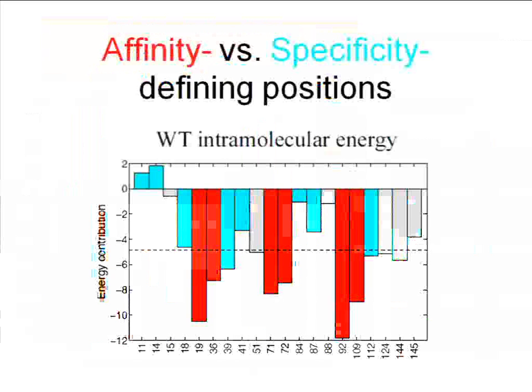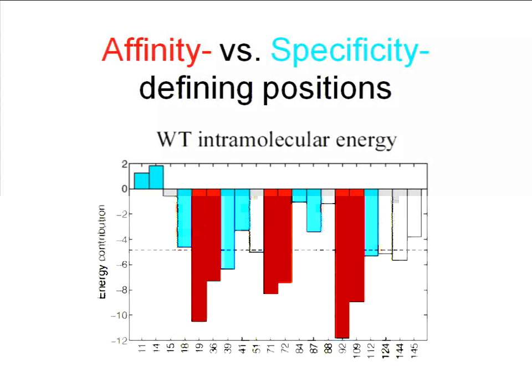One of the interesting things that we observed was that the affinity determining positions, which were categorized by high conservation between the different partners, actually have quite strong intramolecular energies. These are low energies in the wild-type sequence. And vice versa, the specificity determining positions actually have quite strong intermolecular energies.